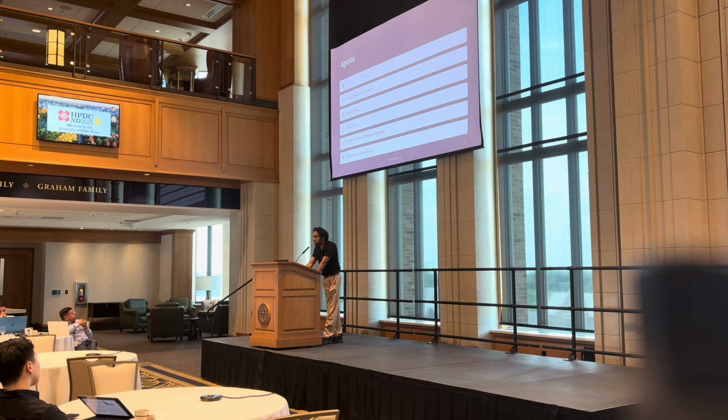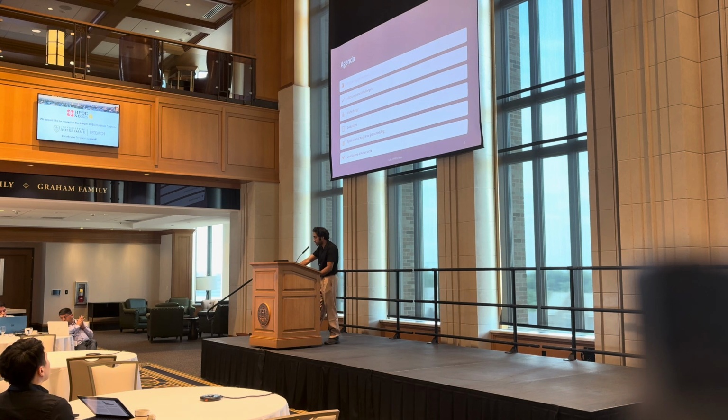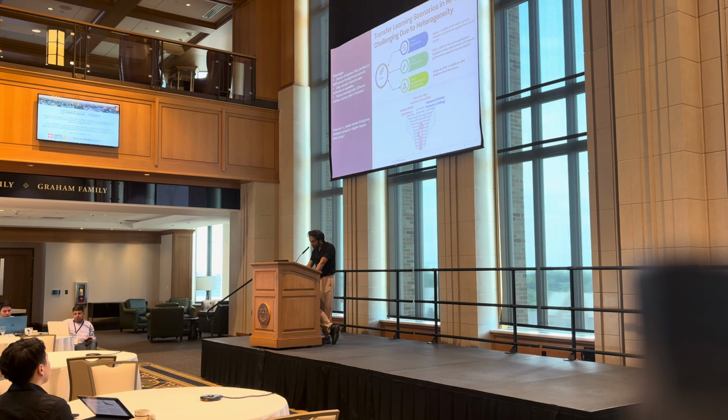So as we have seen so far, what is the problem with transfer learning, and how does this heterogeneity come into play? In the next few slides, we will discuss a little about why this heterogeneous transfer learning occurs in HPC scenarios and how our ModelX helps to solve the problem.